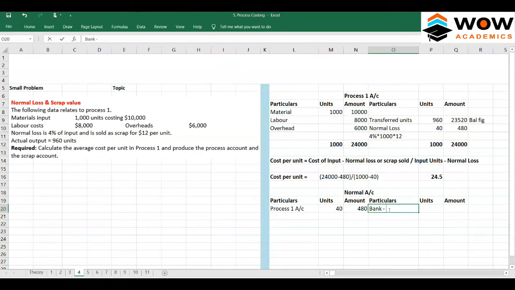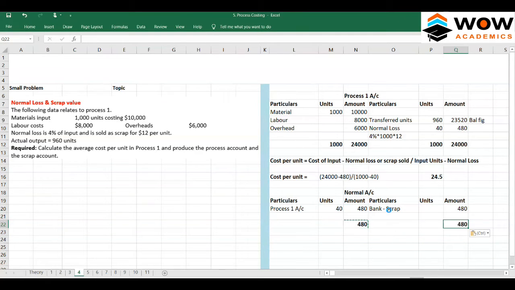Okay, so this scrap has a value. How much value it has? It has the same 480 of value. So we could put here. Okay, this account gets balanced, so we don't need to worry about it. So that's about this sum. We'll move on to the next sum.